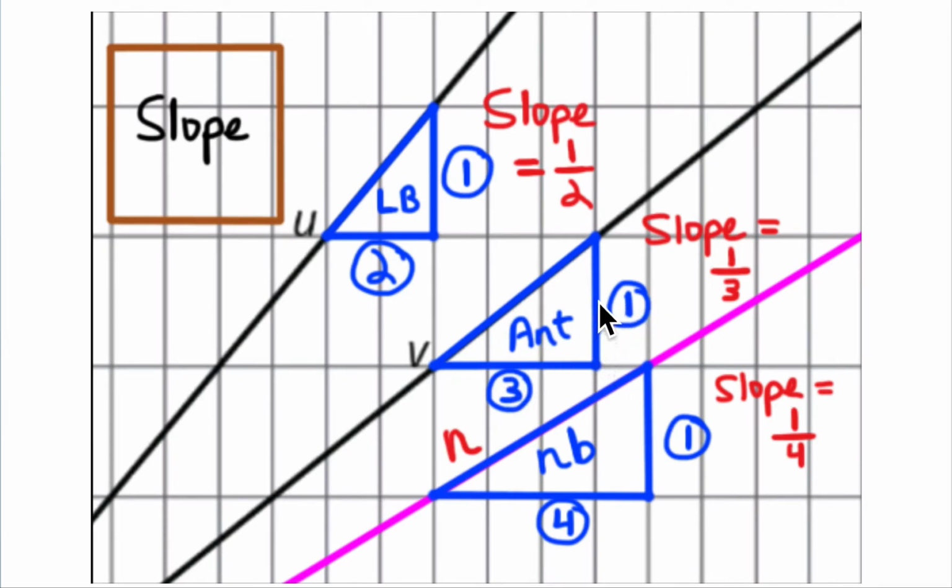So the units of time are 1/3 the units of distance for the ant. And the units of time for the new bug is 1/4 the units of distance. This is hard.